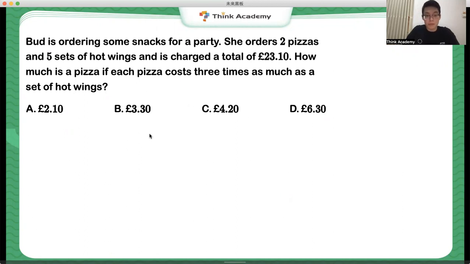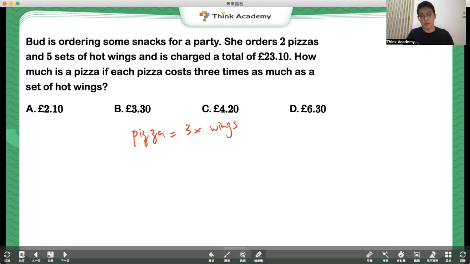So we can write pizza equals 3 times wings. Now I just need to set one of them as the unknown, and I will be able to express the price of the other in terms of the same unknown.